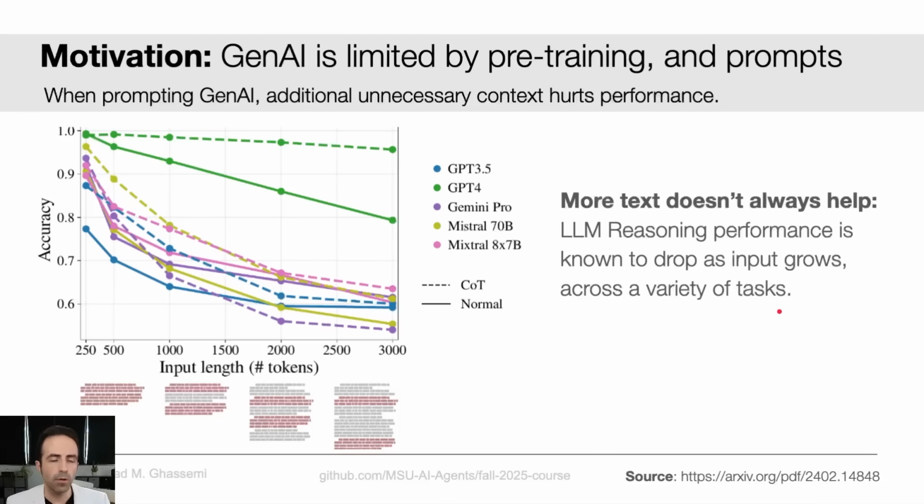Okay. Another important thing is that even if the context window of these LLMs was infinite, so even if I could type in as much as I wanted into the prompt of an LLM, more text doesn't always help. What I'm showing you on the left-hand side is a graph that was pulled from a paper down here where they took a question, and the relevant text was in red, and then they increasingly added irrelevant nonsense, illustrated by the gray text here, and they asked the LLM a series of questions that tested its reasoning abilities.